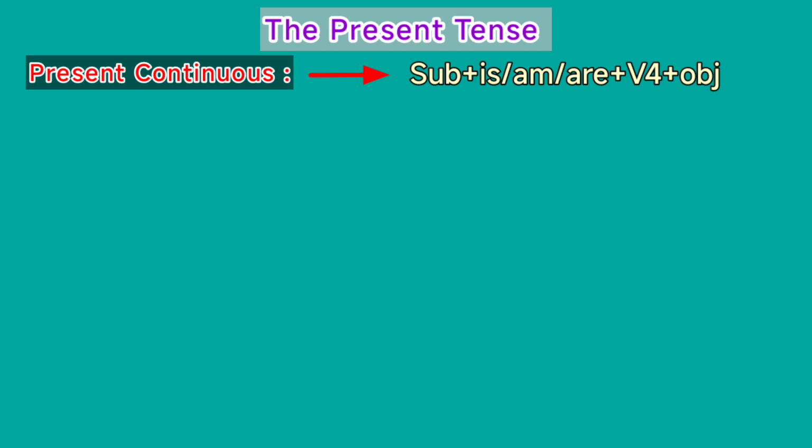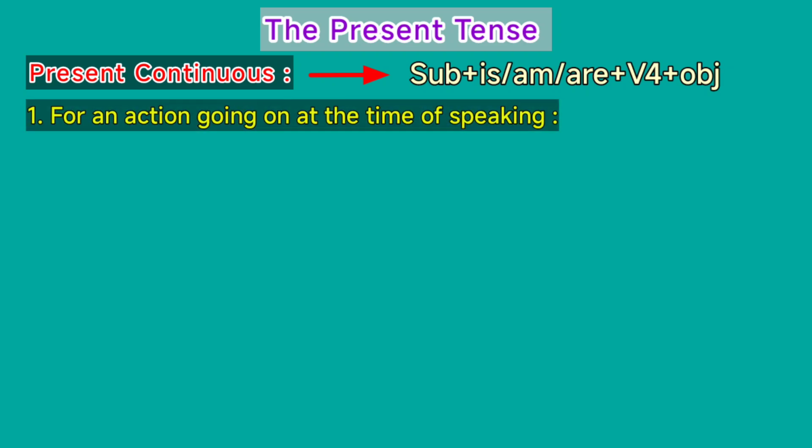That means present continuation: present helping verb plus V4 means it's present continuous tense. For an action going on at the time of speaking, we use present continuous tense, just like "She is singing," "They are dancing." They are present happening things.